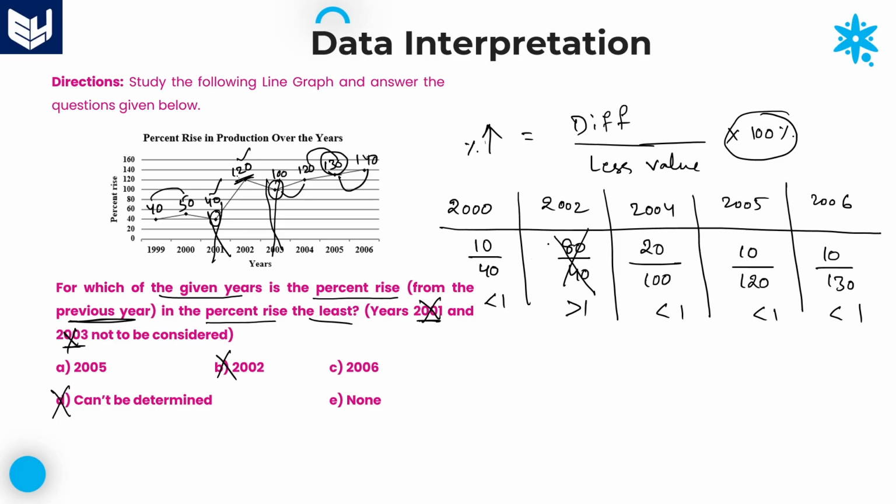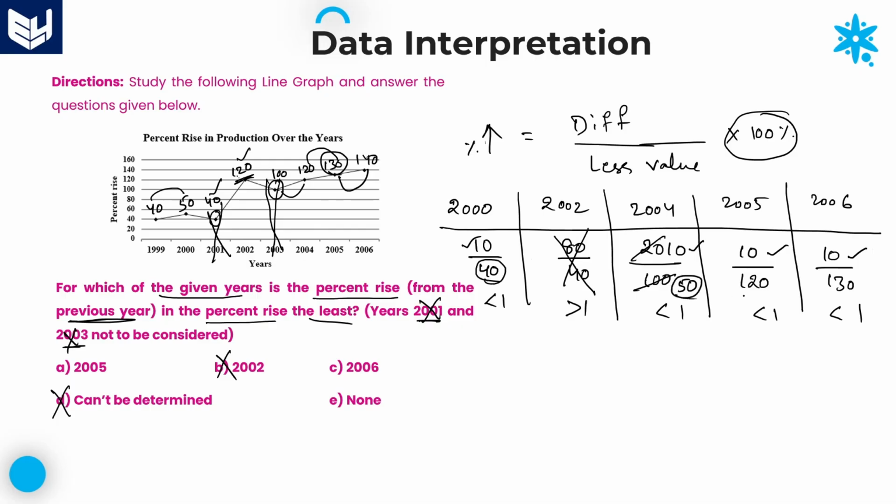Now if you observe the remaining values, here you can cancel with only two tables. Why? Because all numerators, I am taking the numerators as 10. Here numerator 10, here also 10, here also 10, here also 10. If numerators are equal, then compare the denominator values.